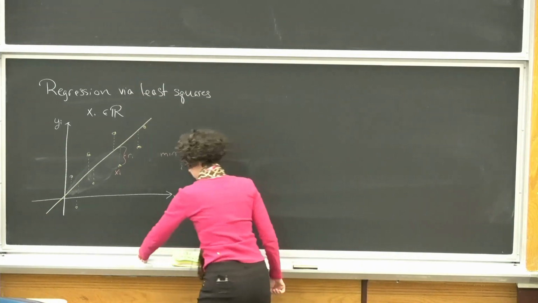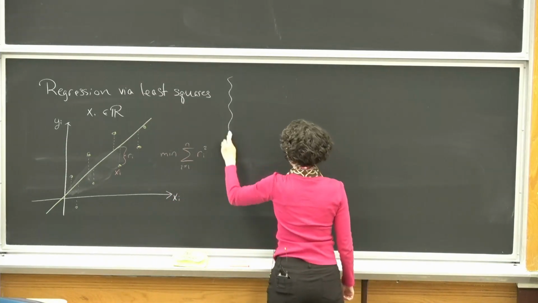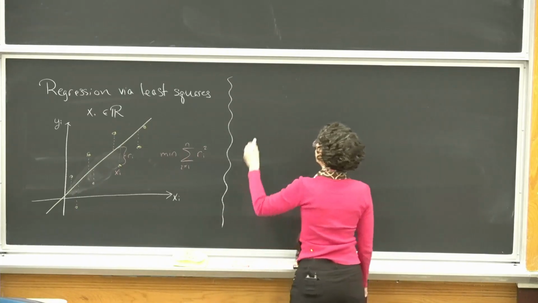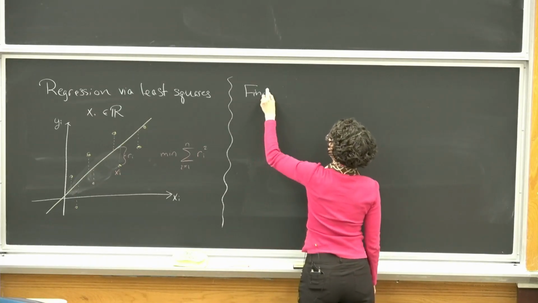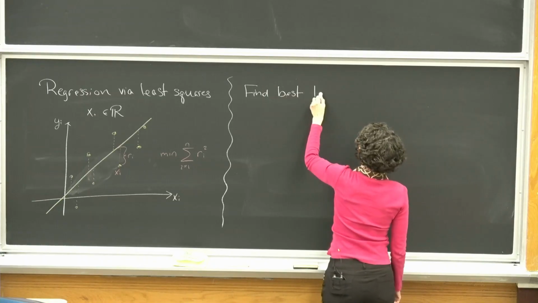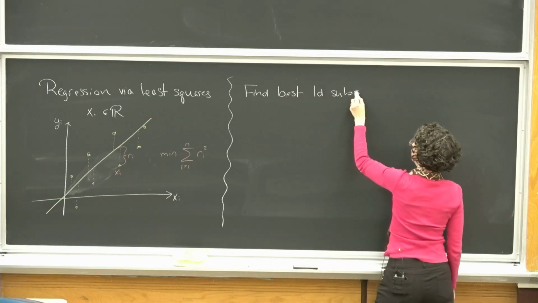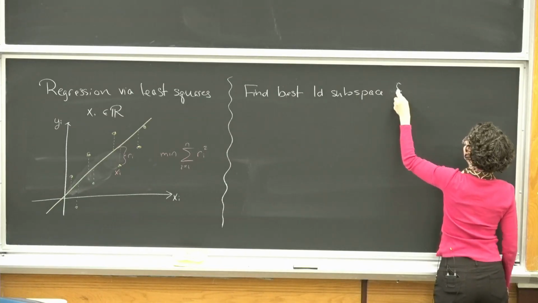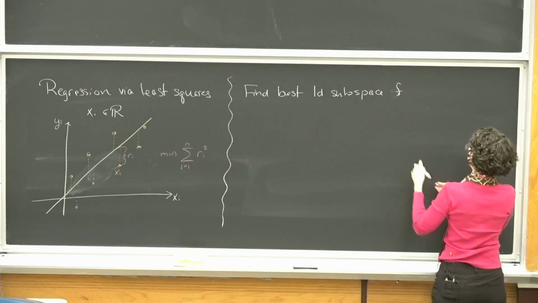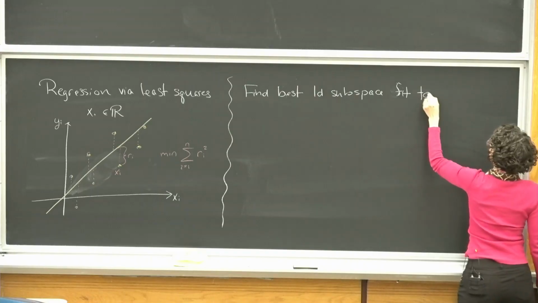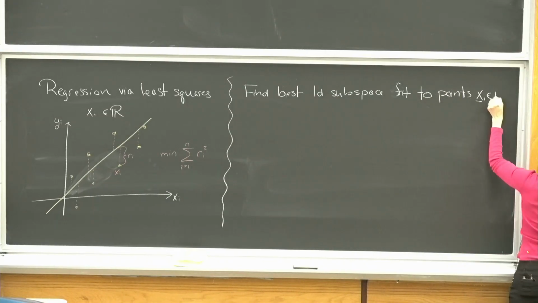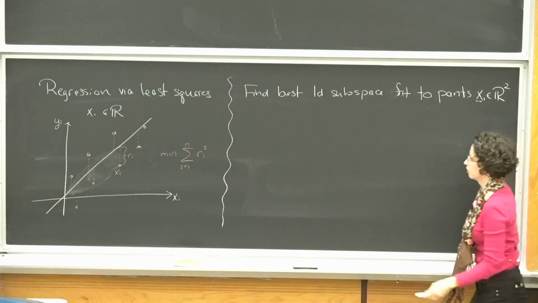Okay, so now today we're going to be talking about something that's a little bit different from that, where we are going to find the best 1D subspace fit to points xi in 2 dimensions.